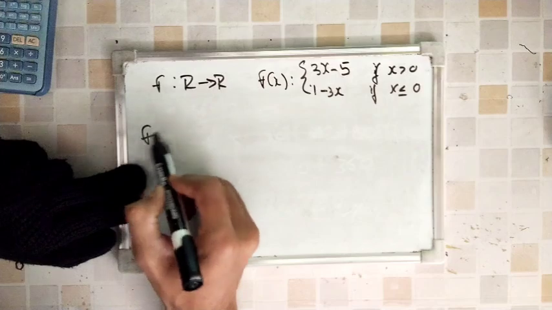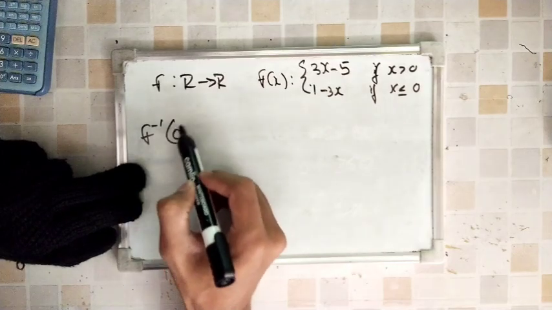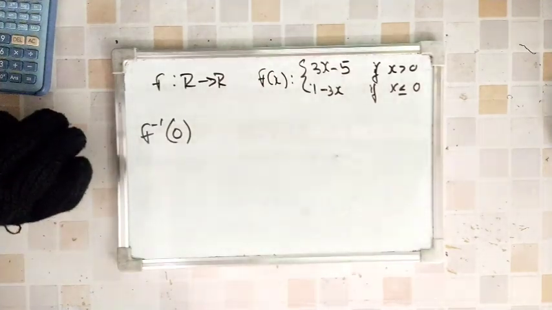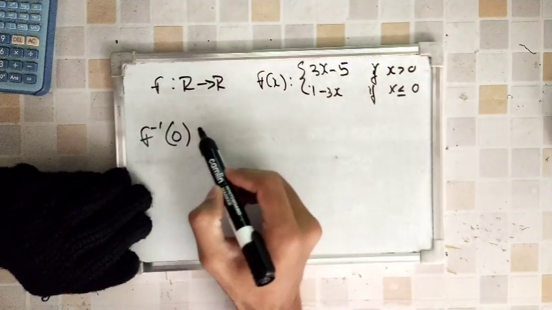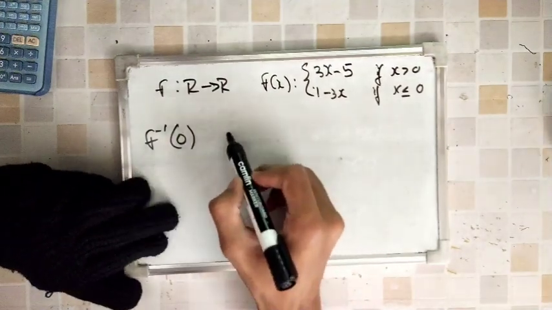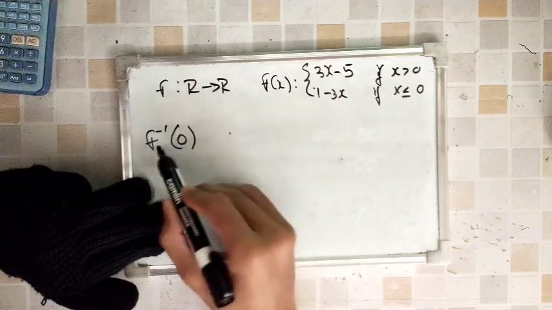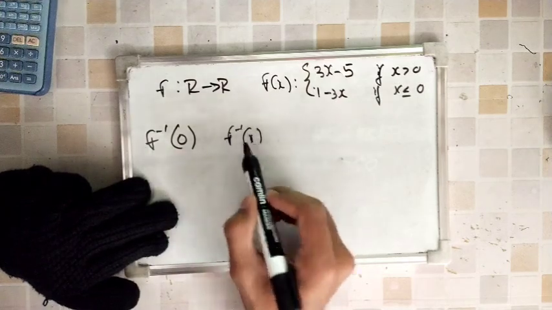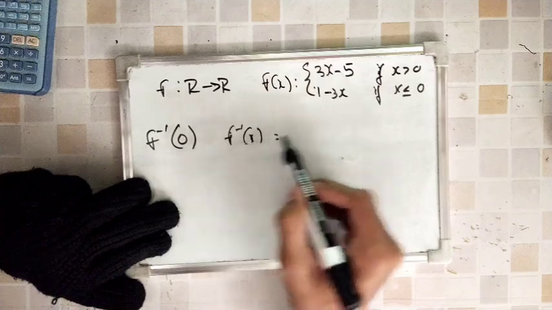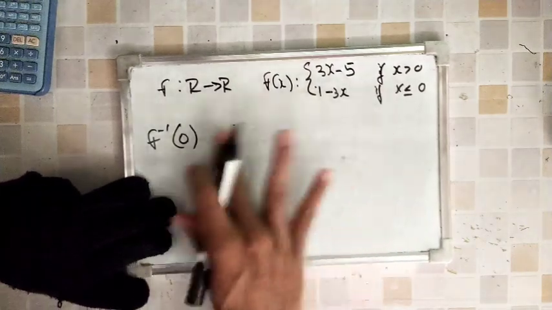So let me find f inverse of 0. f inverse of 0 means I have to find the pre-images of 0, where x is equal to 0. So I have to substitute this.